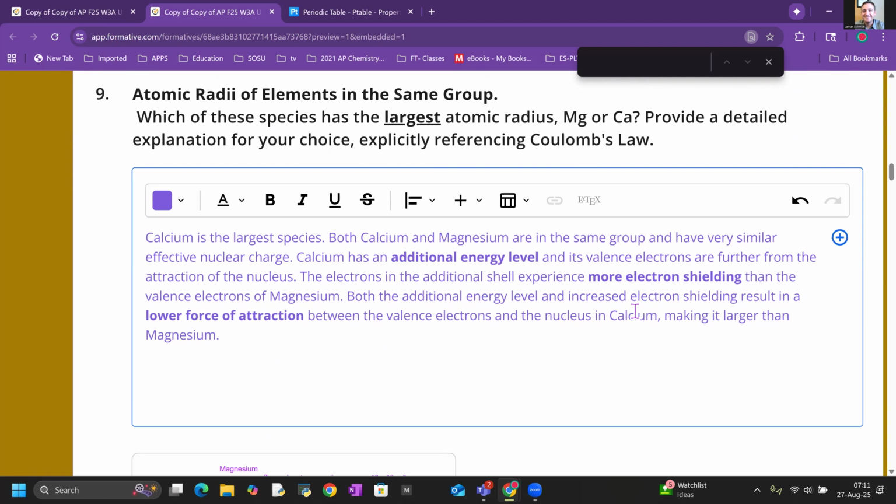And if we have fewer energy levels, the electron repulsion between valence electrons and core electrons is going to be much lower as well. So if we have fewer energy levels, less shielding. All right, and that means a higher force of attraction.